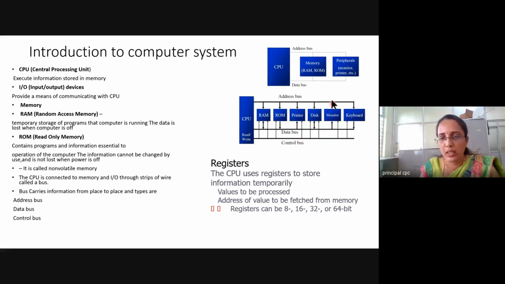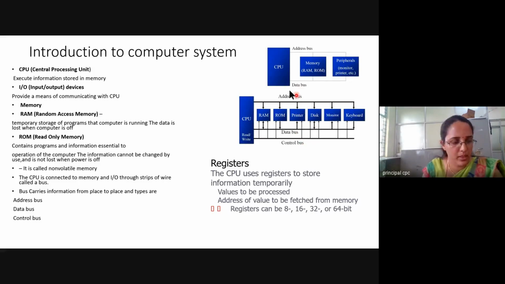Using the address bus, we send addresses to the devices, and data between connected devices and the CPU is shared through the data bus. So there are address bus, data bus, and control bus.